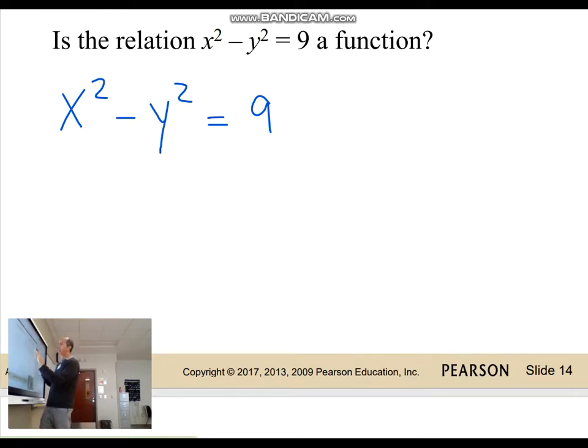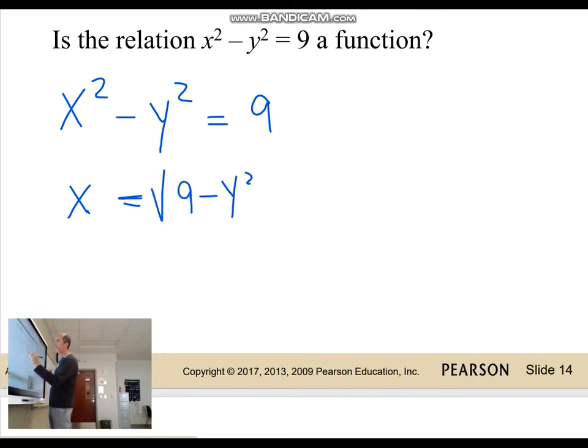This is the graph, the equation of a circle. We can solve this for x, right? It's going to be something like that: x equals the square root of 9 minus y squared.